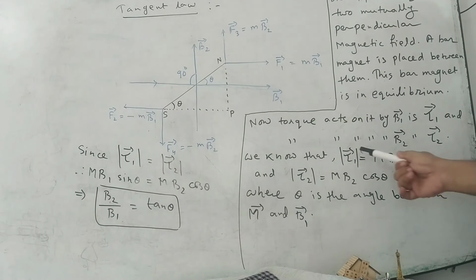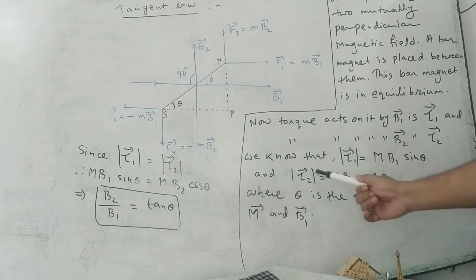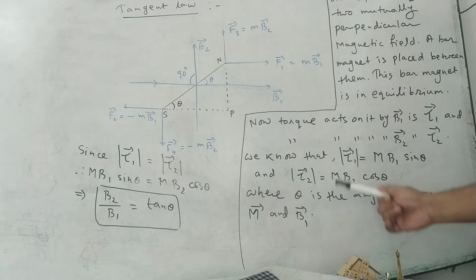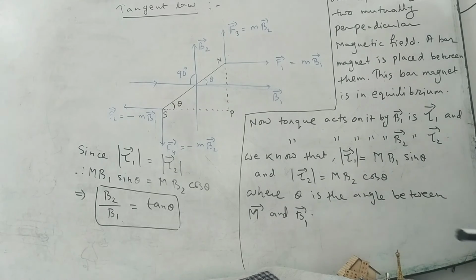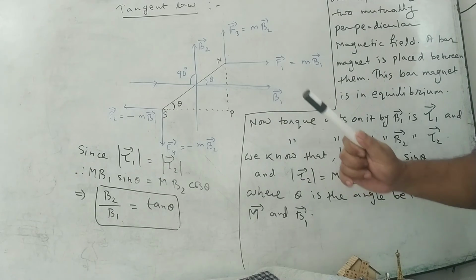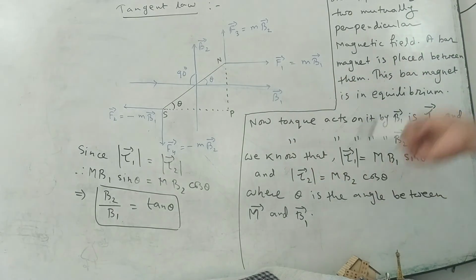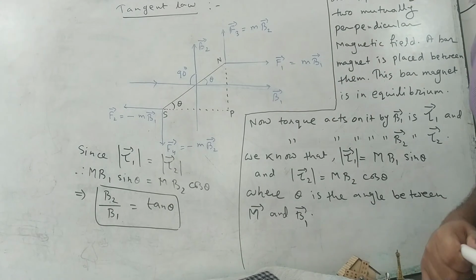We know that mod of tau 1 is equal to m B1 sin theta, and mod of tau 2 is equal to m B2 cos theta, because theta is the angle between m and B1, and 90 degrees minus theta is the angle between B2 and m.